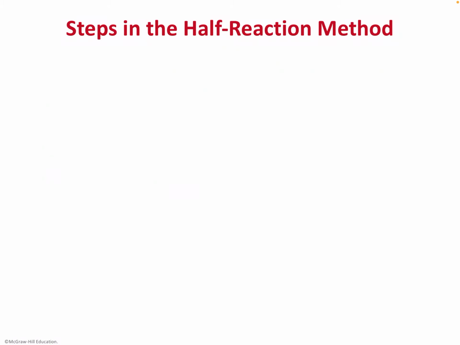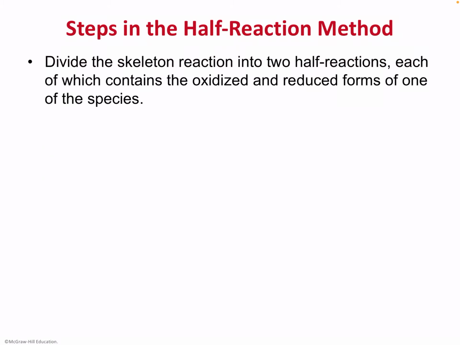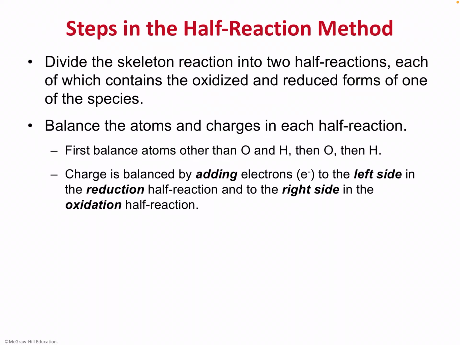And here are the steps in the half reaction method. First, we divide the skeleton reaction into two half reactions. We identify which is the reduction and which is the oxidation, each of which contains oxidized and reduced forms of one of the species.